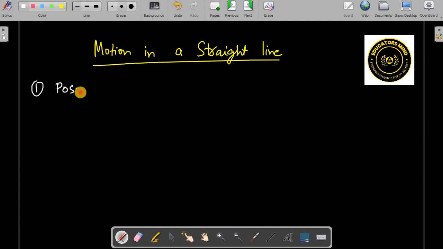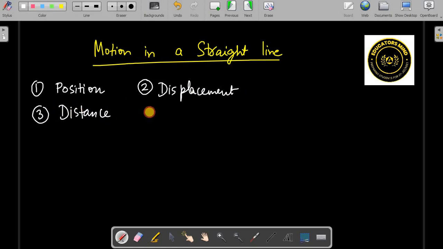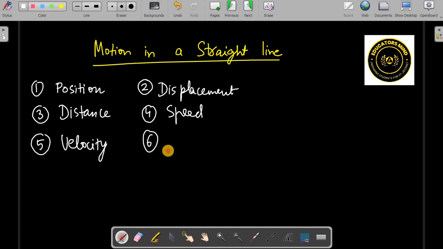First you can take position, then displacement, then distance, then speed, then velocity, then acceleration, then jerk. So basically there are 7 concepts.